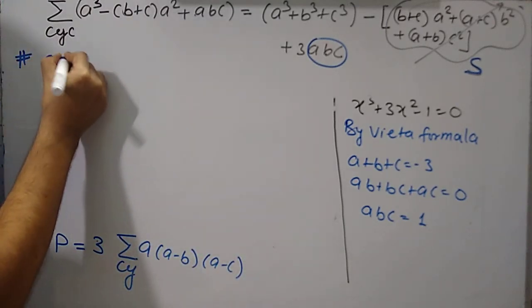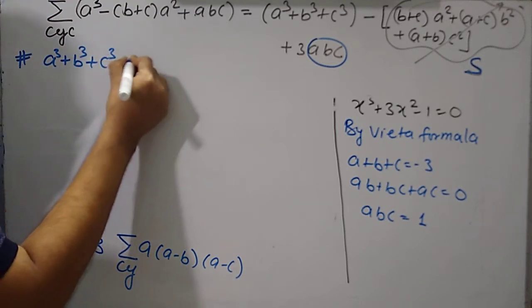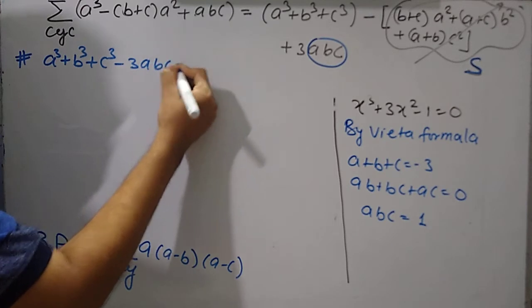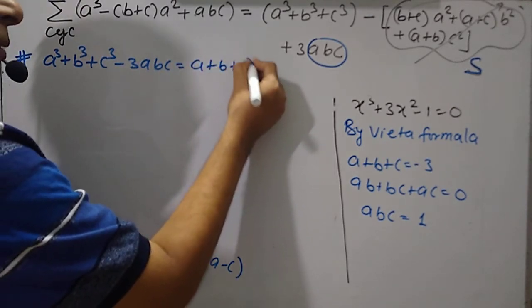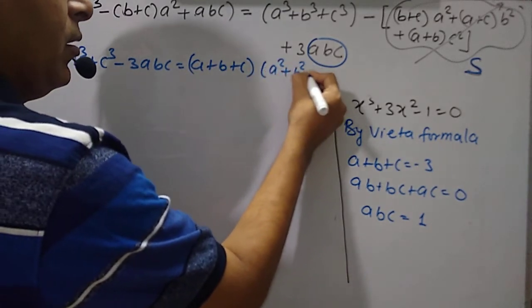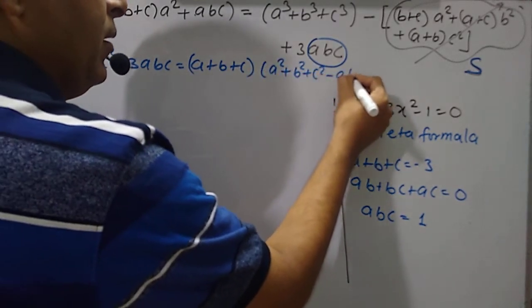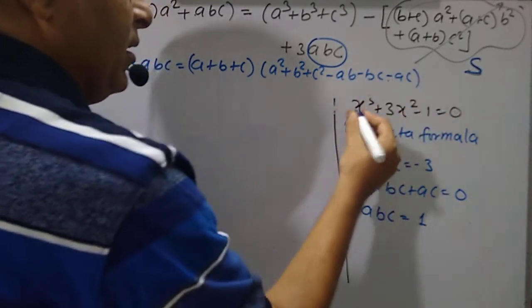So we know the identity a cube plus b cube plus c cube minus thrice abc equal to (a plus b plus c) into (a square plus b square plus c square minus ab minus bc minus ac).